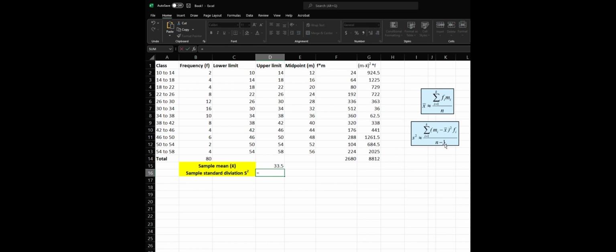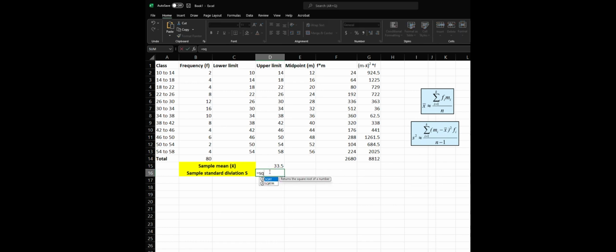calculate the standard deviation here. And this is not the standard deviation, by the way, this is the variance. So the standard deviation would be the square root of that number, right? So just to make this little correction here, that we know that this is going to be the square root of this number, we can start with the square root.